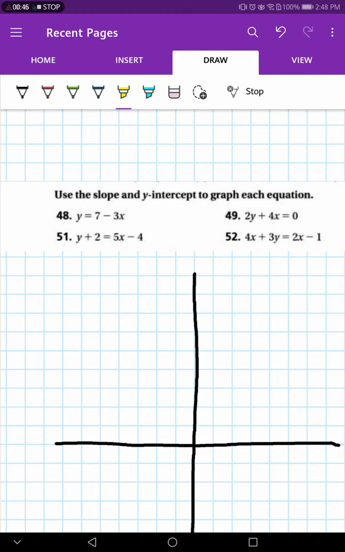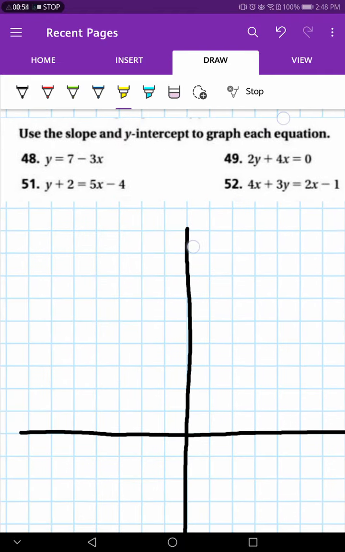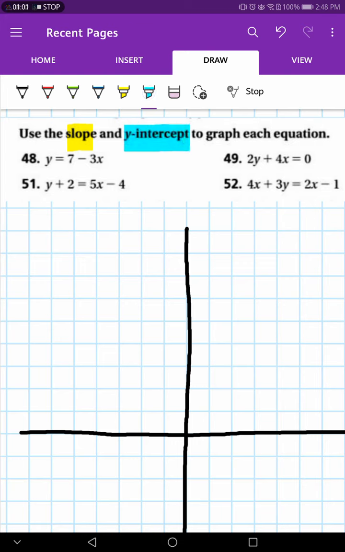Now let us use the slope and the y-intercept to graph each equation. He asked us to use the slope and the y-intercept to graph. Before, when we graphed any linear equation, we used a table, if you remember.